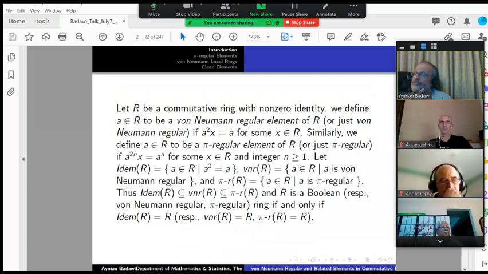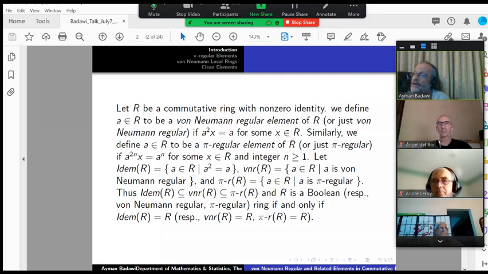And this is a reminder of what we mean by a von Neumann regular element. An element a in a ring, we call it a von Neumann regular element if it satisfies this condition: a squared x equals a for some x in R. I think most of you are familiar with this definition.